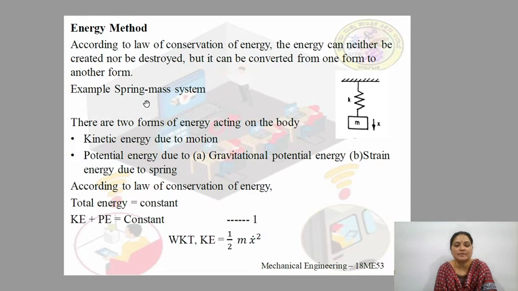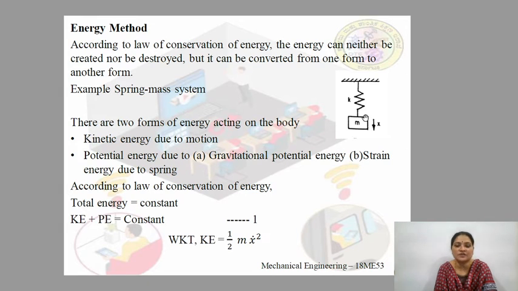Considering the same example of a spring mass system shown in the figure, here the spring has a stiffness k, the mass is m and the displacement is x. In this spring mass system, there are two forms of energy acting on the body. One is the potential energy and another one is the kinetic energy.